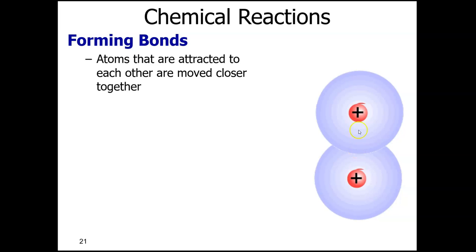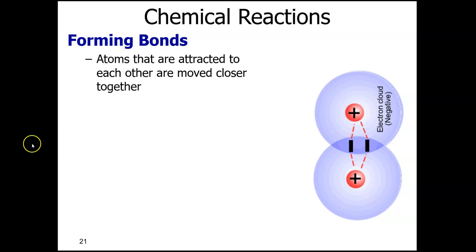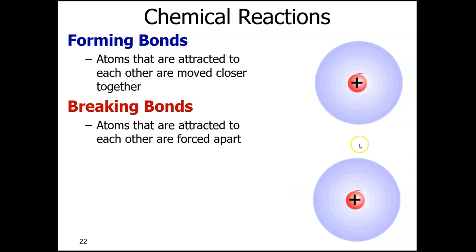The positives are far enough away that they're happy, but we increase the amount of area that the electrons can be in, and we also provide them more opportunities to interact with positively charged elements. When we get these closer, energy is released for the formation of bonds, but when we break them apart, it always requires us to put some energy in to break those bonds apart.